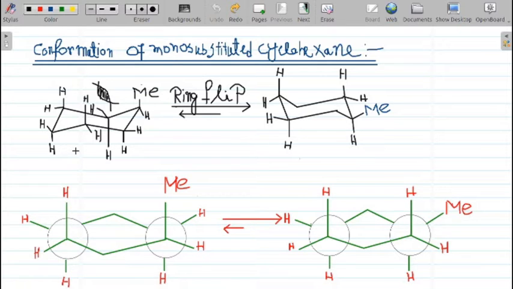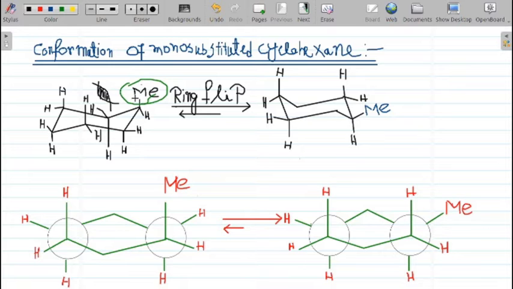When we substitute a methyl group, in this case this is a methyl group, in place of a hydrogen in the chair conformation of cyclohexane, there will be two choices in our hand.